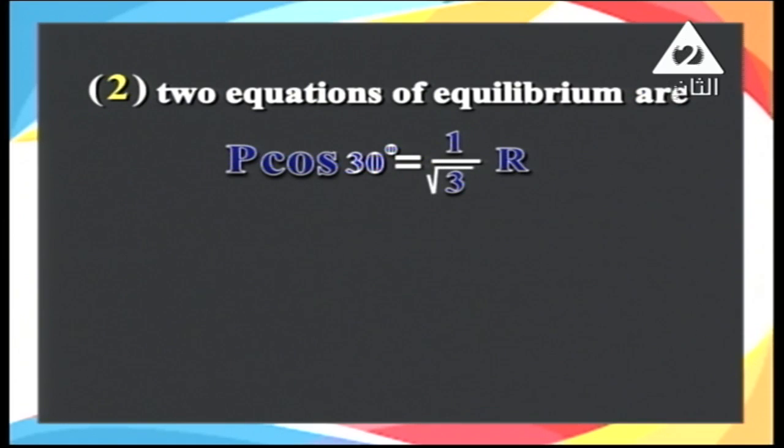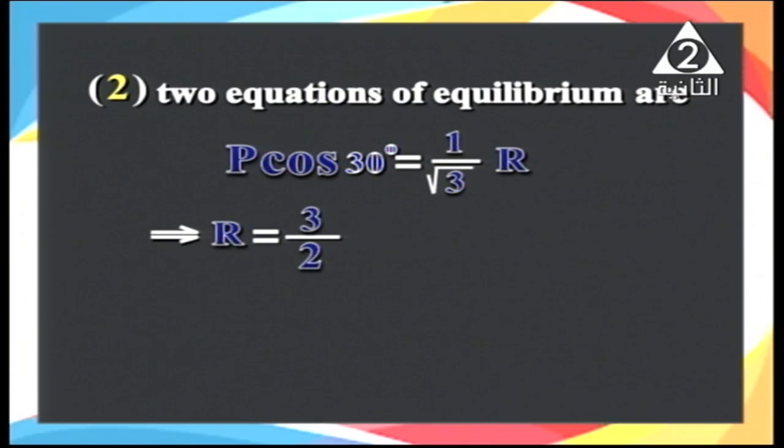number 1, B cosine 30 degrees equals 1 over root 3 R. R equals what? 3 over 2 B, by cosine 30 equals what? Excellent student. Cosine 30 equals sine 60, root 3 over 2.